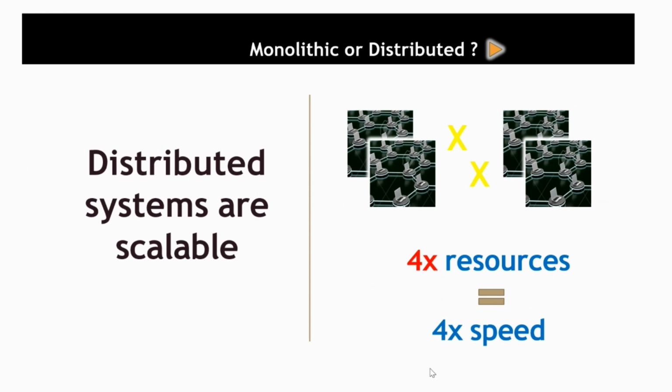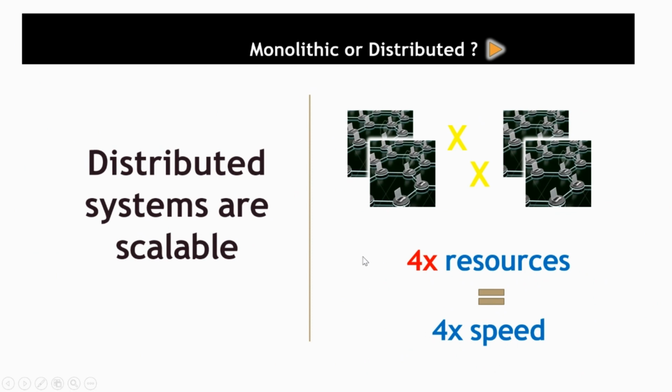Now, distributed systems are scalable. How is it scalable? If I have increased its capacity 4 times, it means there will be 4x resources, and it means there will be 4x speed. Why?